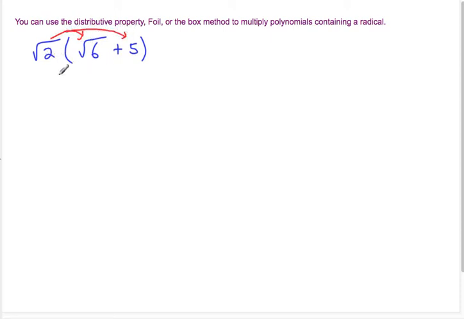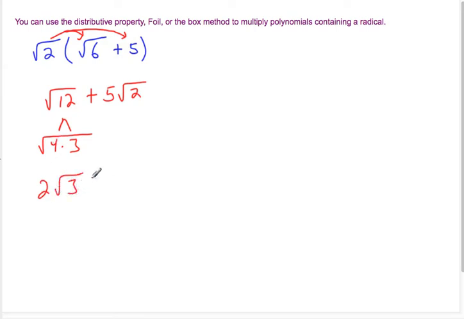So root 2 times root 6 is root 12 plus 5 times root 2. 12 is not simplified, so we know 2 is, but 12 is not, because 12 is 4 times 3, and then 4 is a square number there. So we can actually do 2, because the square root of 4 is 2, root 3 plus 5 root 2.